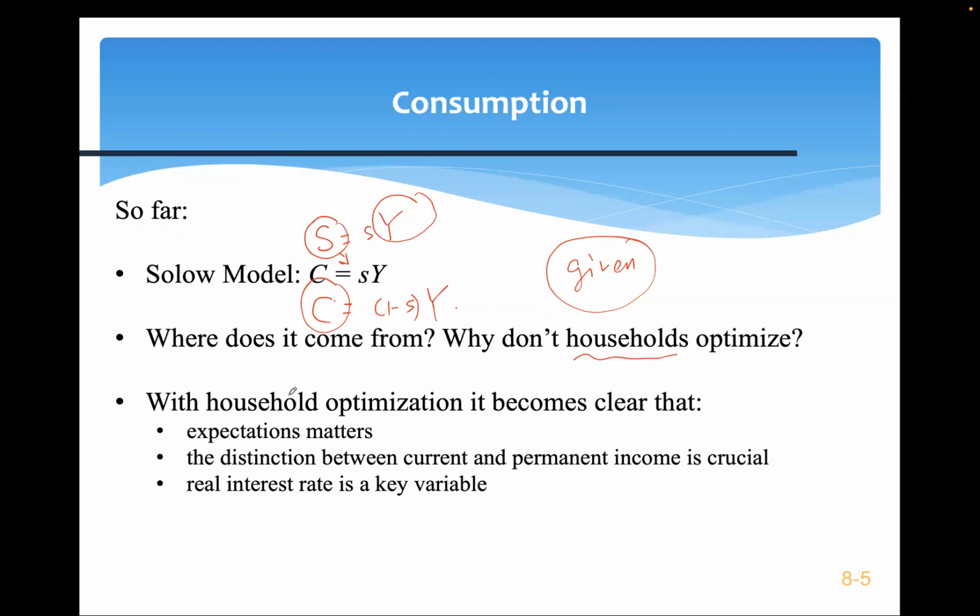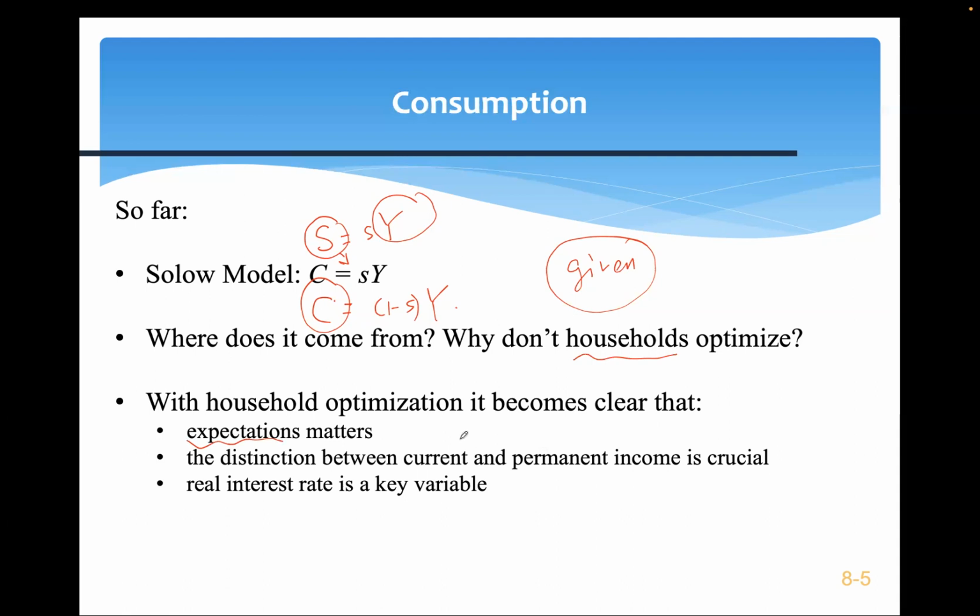Now, in the following slides, you're going to see that with household optimization, expectation is going to matter. Expectation regarding future prices and expectation regarding future policy. Number two, there's going to be a distinction between current and permanent income.